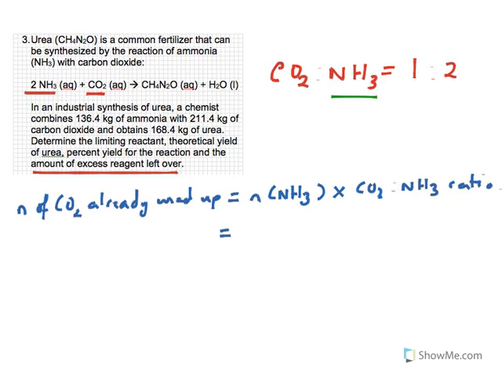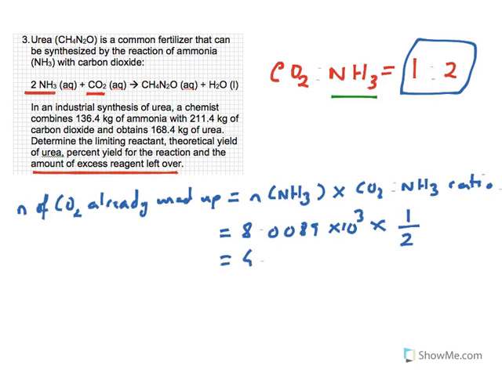So we have 8.0089 times 10 to the power 3, which we calculated earlier, and then we just found the ratio to be 1 to 2. So we multiply this with half, and we end up with 4.0045 times 10 to the power 3 moles.